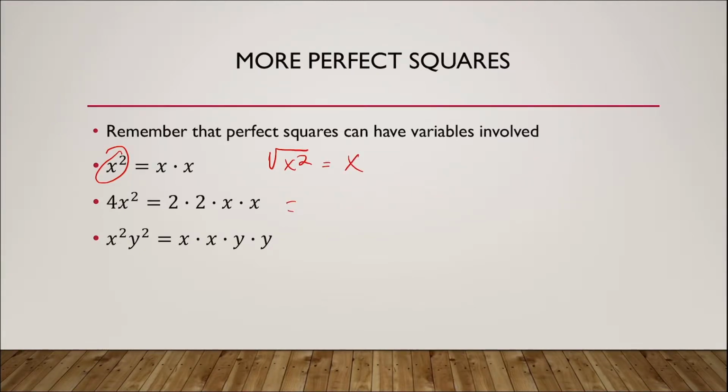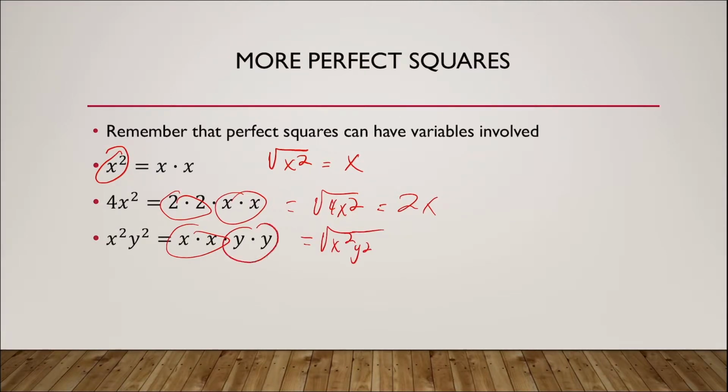Just like here, I have two 2's, so the square root of 4x squared is equal to 2x. For the square root of x squared y squared, I have two x's and two y's, so each one of those comes out.